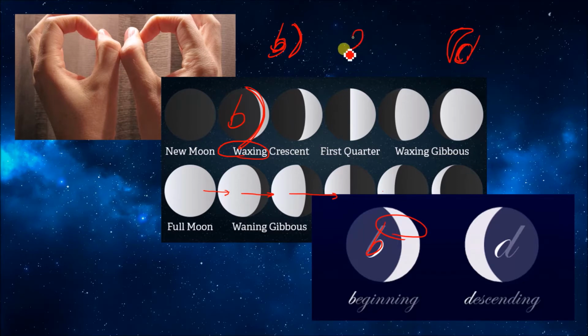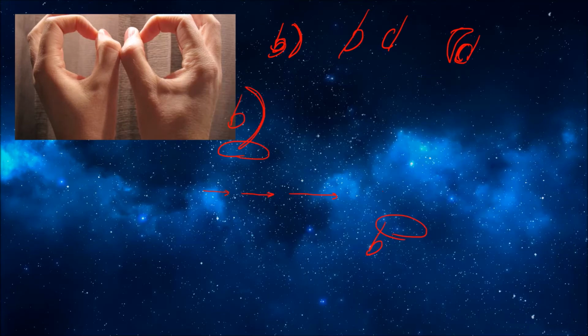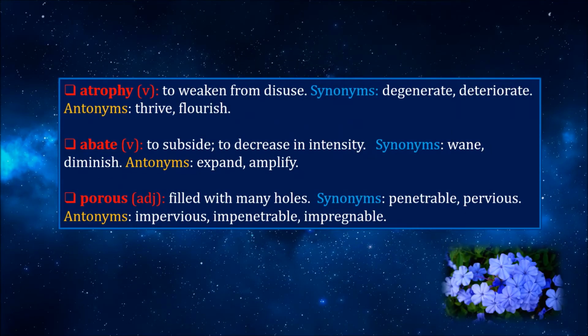So that's important to know, waxing and waning moon. So that's from abate. Abate is to subside, to decrease in intensity. Synonyms are to wane, diminish. Antonyms: expand, amplify.